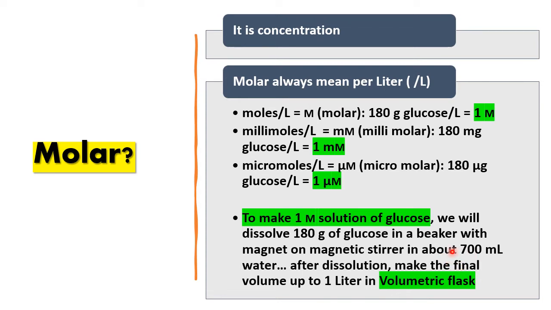You cannot start by dissolving 180 gram of glucose in 1 liter, because in that case the final volume will be more than 1 liter and your solution will be incorrect. So this is how you make a 1 molar solution of glucose, keeping the concentration in view.